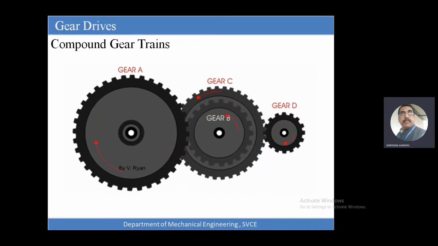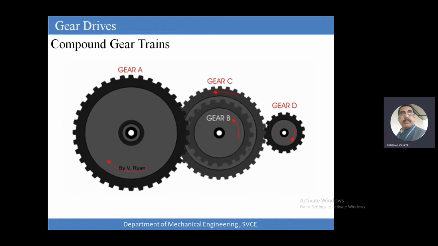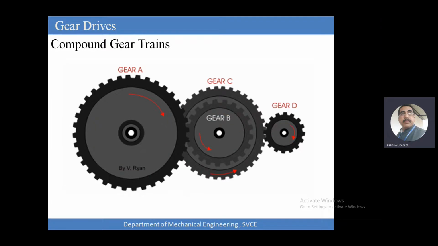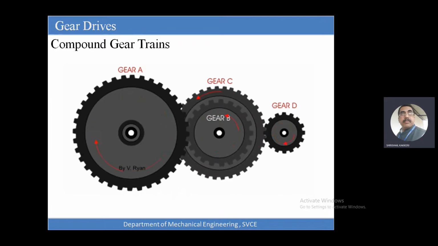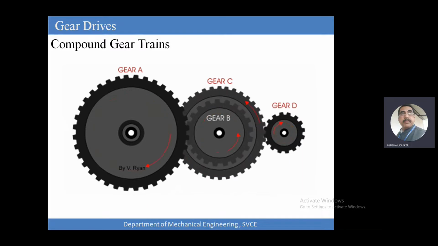Now here one can see this. Gear B and gear C are on the same shaft. Even though these gears have different diameters, the speed of these gears should be the same because they have been mounted on the same shaft.